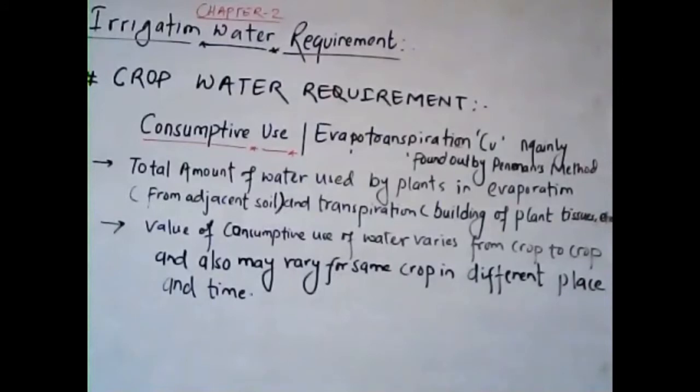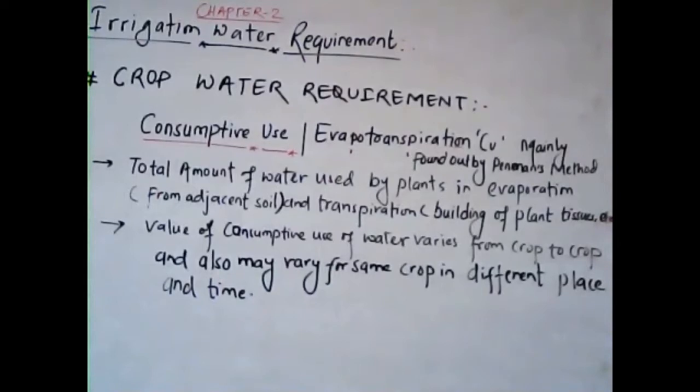Now friends, we will deal with the crop water requirement of the crop. As we all know, there are different types of crops cultivated in the irrigation field, and different crops have different water requirements.